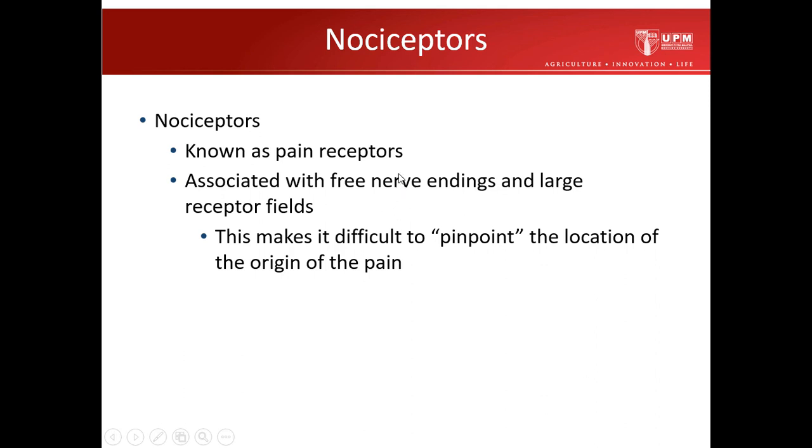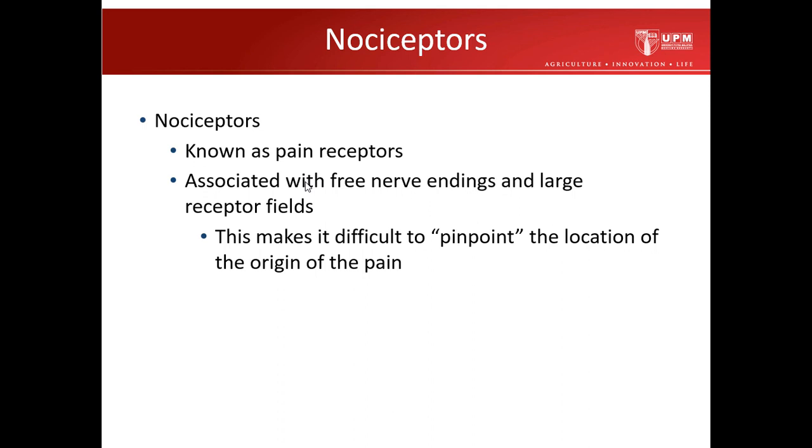So now let's discuss nociceptor. Nociceptor is also known as a pain receptor. This receptor is commonly found around your skin. Also, you can find it around the wall of blood vessels.